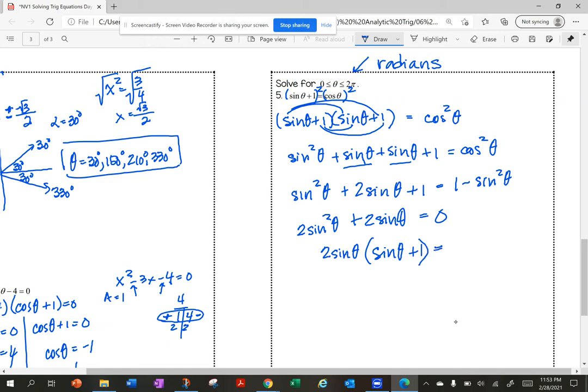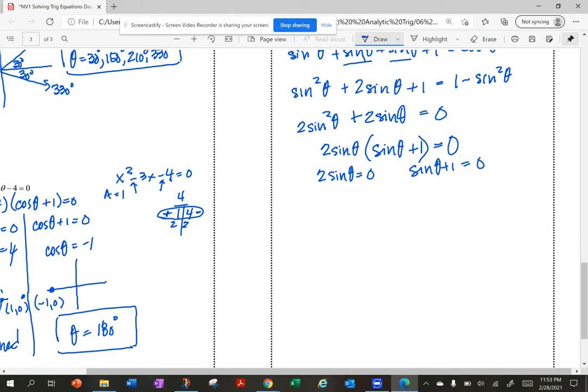So now I set each factor equal to 0. So this is 2 sine of theta equals 0, and sine of theta plus 1 equals 0. I divide both sides by 2, so I get sine of theta equals 0.